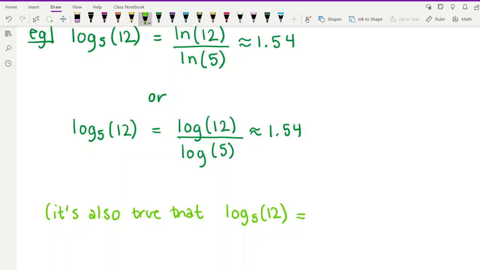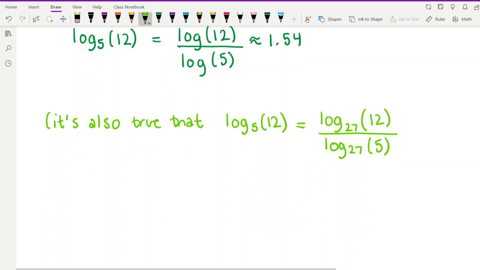You could do that. You could say it's log base 27 of 12 over log base 27 of 5. That is a true statement. However, that is just not a very useful conversion.